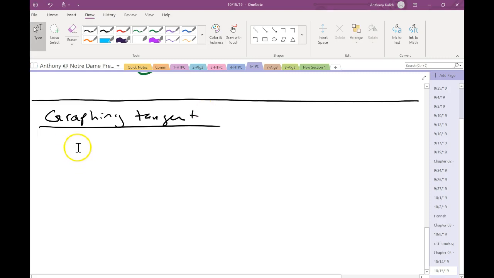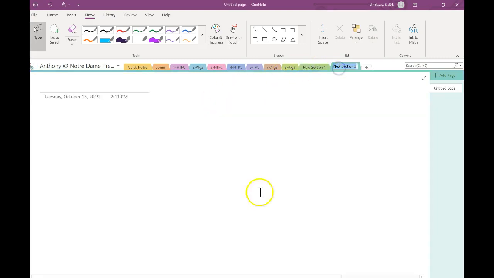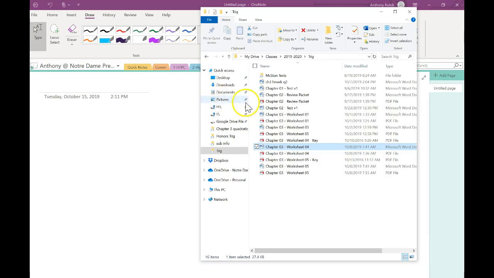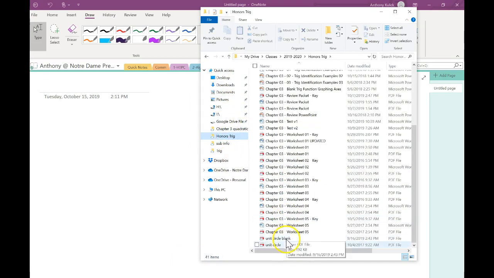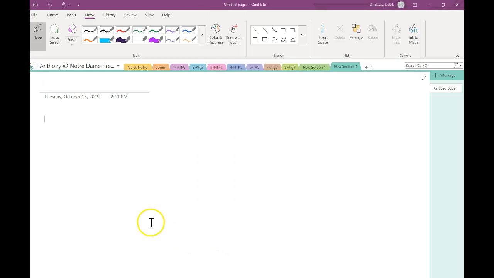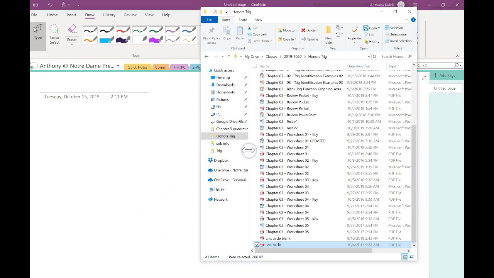So if we want to talk about graphing tangent, I'm going to figure out my key points for this. The way I'm going to do that is I'm going to use my unit circle.